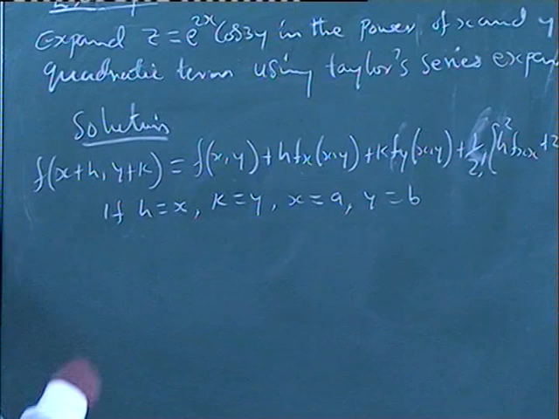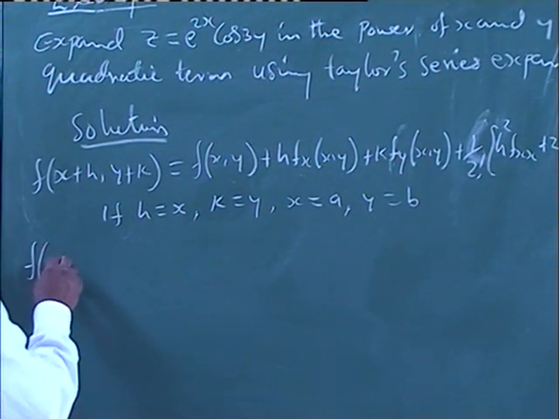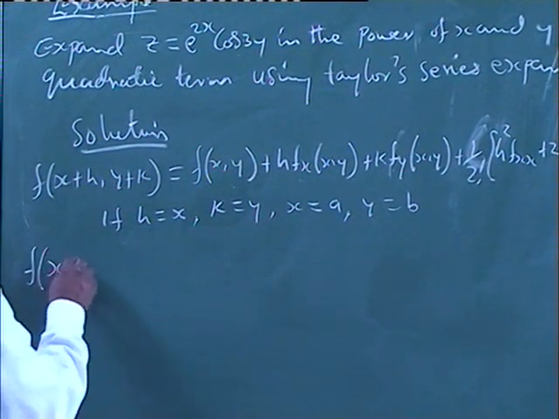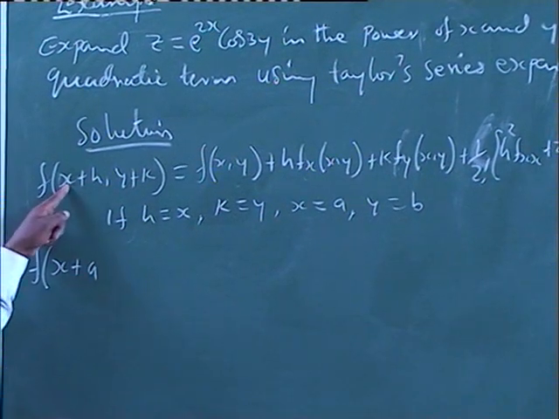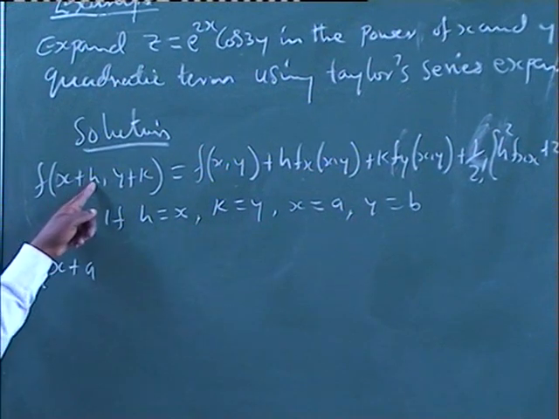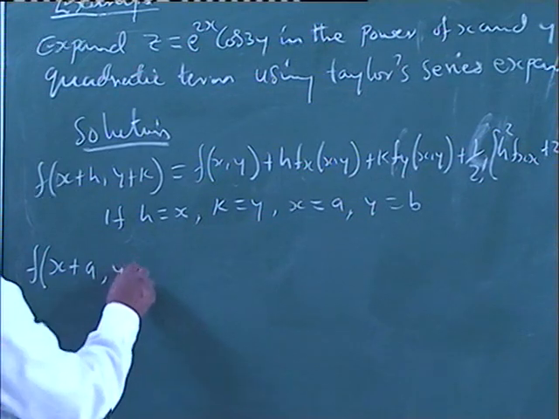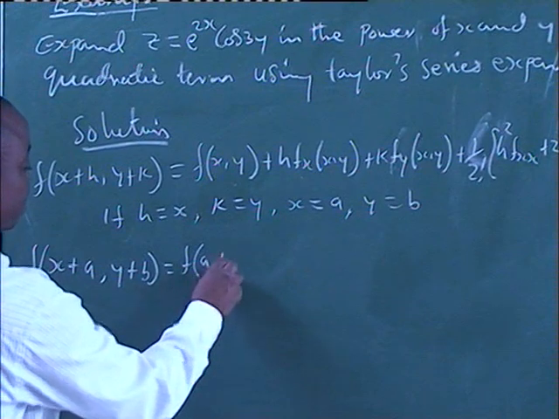Then we will have that f of x plus a, because here x is a. So h is x, so we have a plus x. This is x plus a. And then we have y plus b, which will be f of a, b.